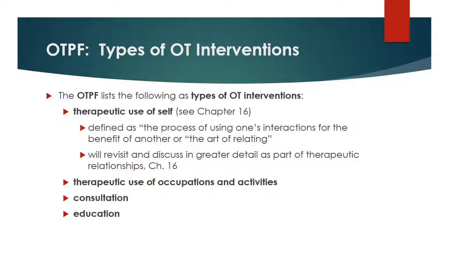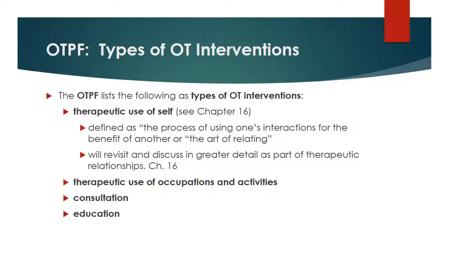I like to, in plainer terms, describe therapeutic use of self as using our own personal experiences to connect with and build a rapport with our clients. Also, we'll revisit and discuss therapeutic use of self in greater detail as part of therapeutic relationships, another topic later in the semester. And that's included in Chapter 16, in case you would like to take a look early on.